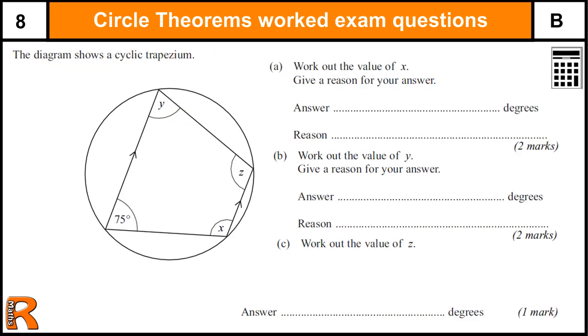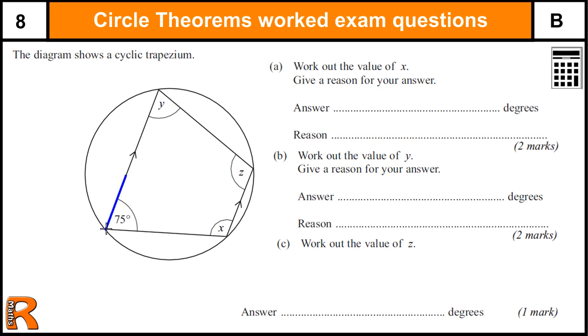Next one. Okay, here we have a cyclic trapezium. So that's a quadrilateral that's cyclic, so it's touching the circumference of the circle. It's also a trapezium, which means it's got one pair of parallel lines. So this first question, x, is actually not to do with circle theorems. It's just these parallel lines in a trapezium. This shape here, let's just draw it in.